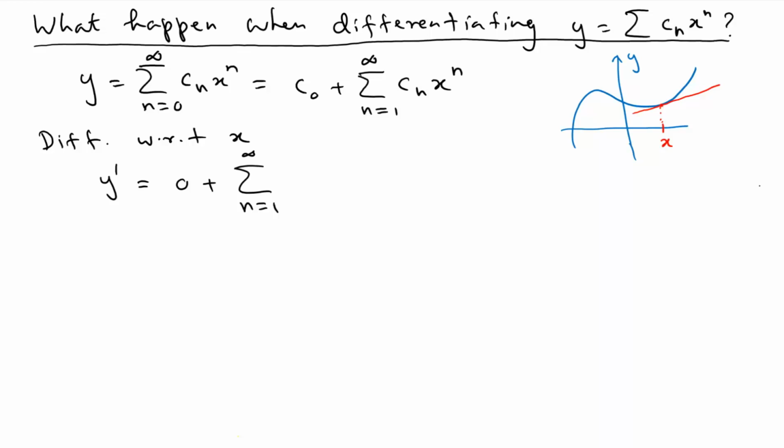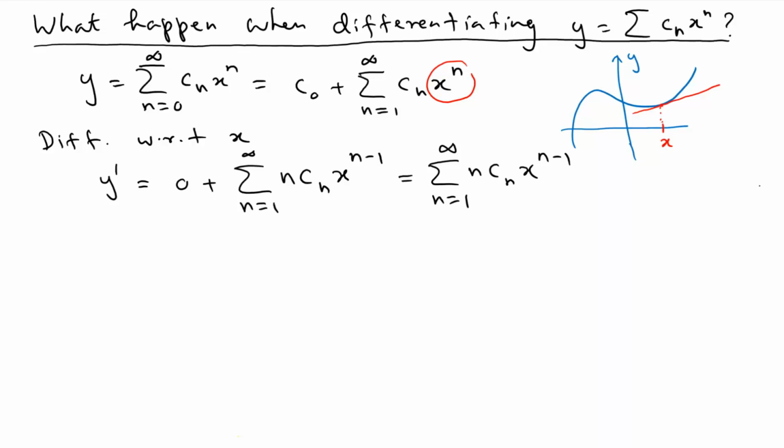It is cn times n x^(n-1), so we can write the n first: n cn x^(n-1). That's what happened, because we can take the derivative of the series part. The first term is gone, so you only have the sum from n equals 1 to infinity of n cn x^(n-1).